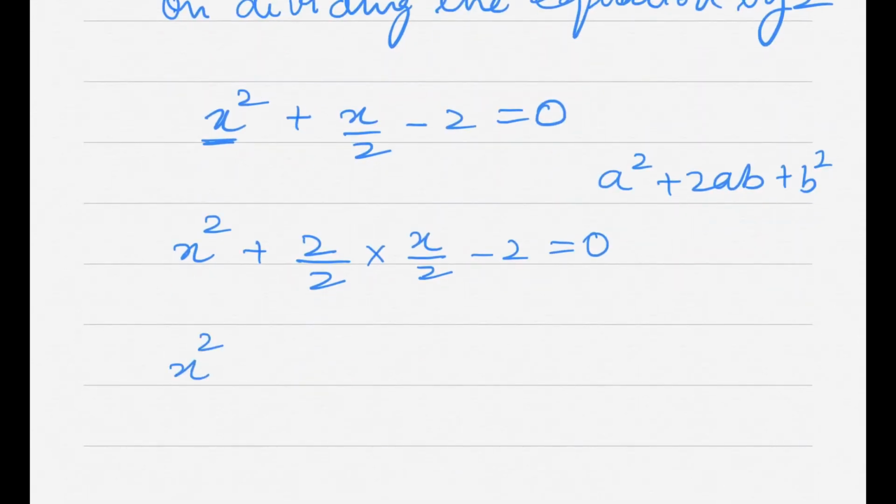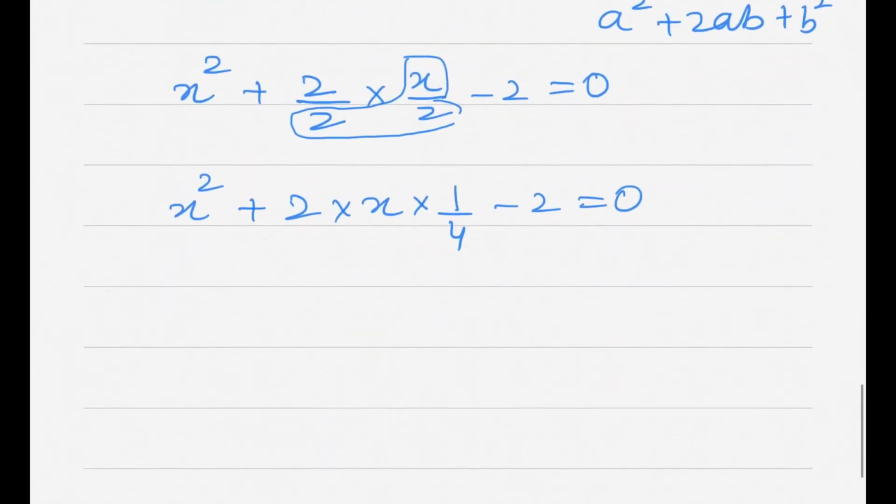Now I have x square, so the first term I have got 2 and this is left now, so x by 4, correct? So x will be there. So I can write down now 2 into x, and I have 1 by 4 here, correct?